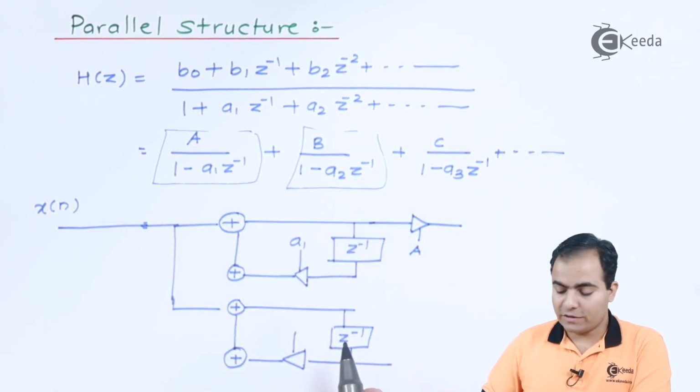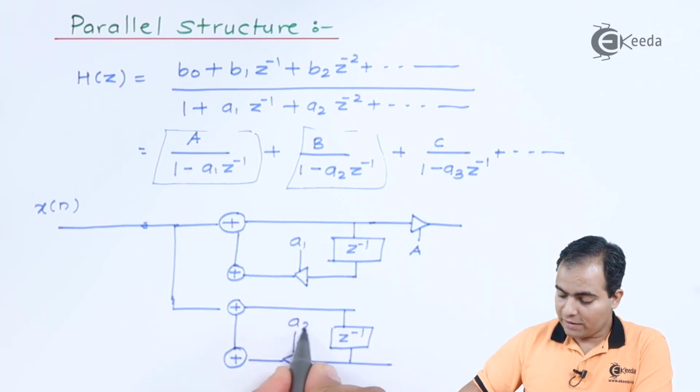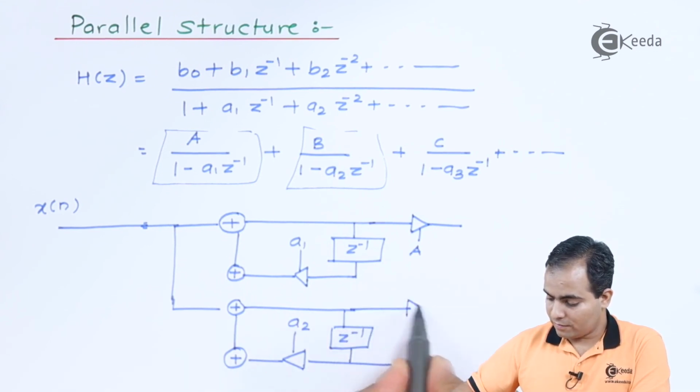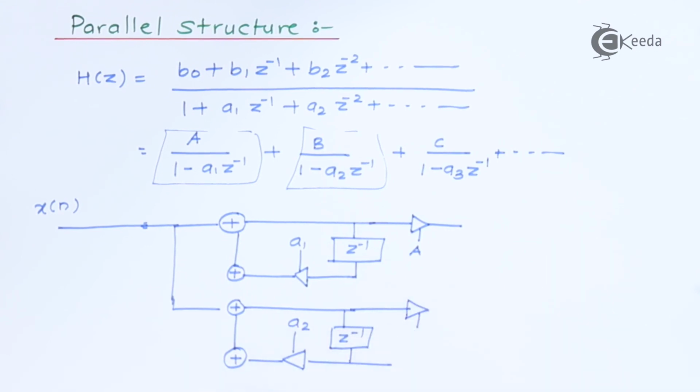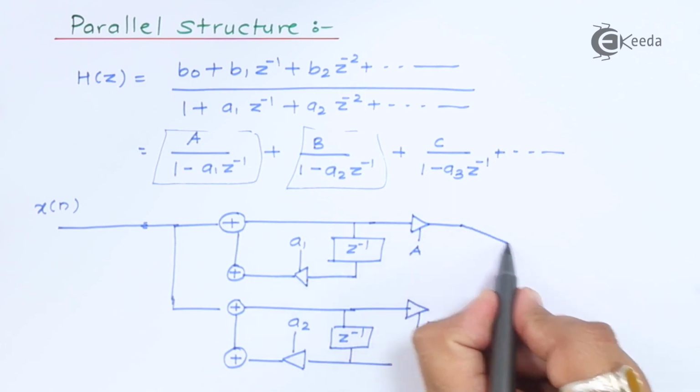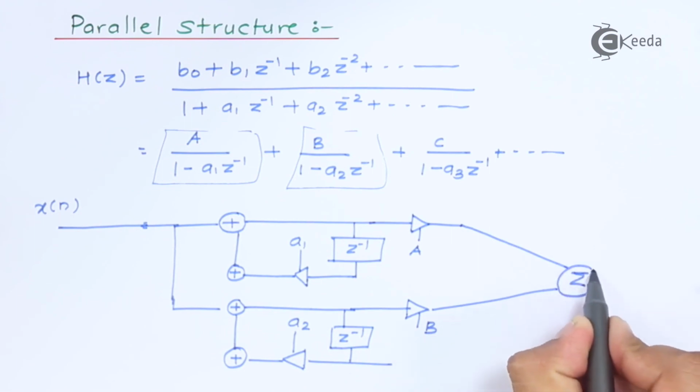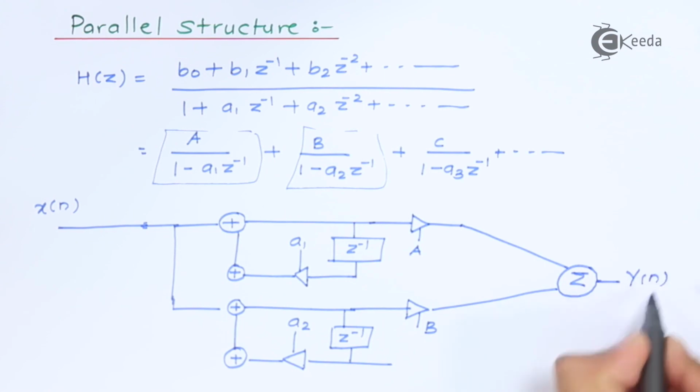Here the a2 value is negative, so while writing the answer we will always place the a2 value plus. Now here in this part the b0 value is b, so we'll write only b over here, and at the end just club all these values by placing one adder, and you will get the answer of y(n).